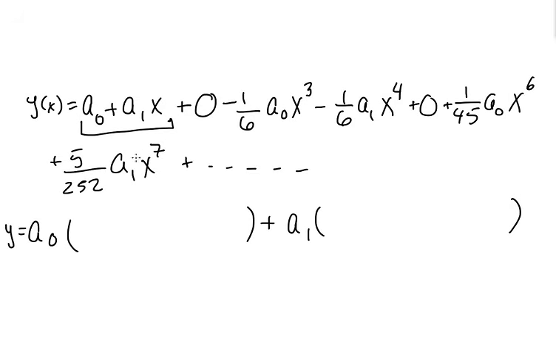We have a sub 1. So a sub 0, when we take it out, we got a 1 plus this plus, oh, minus, really, 1 over 6, x to the 3rd.